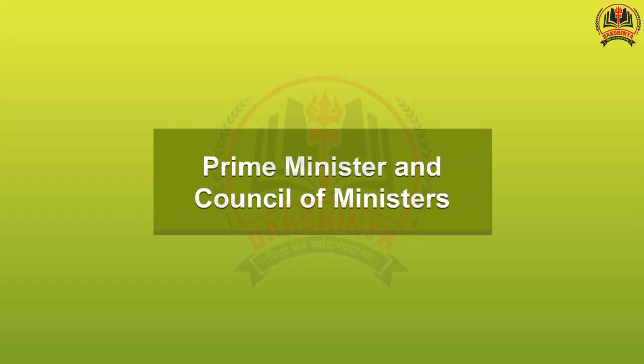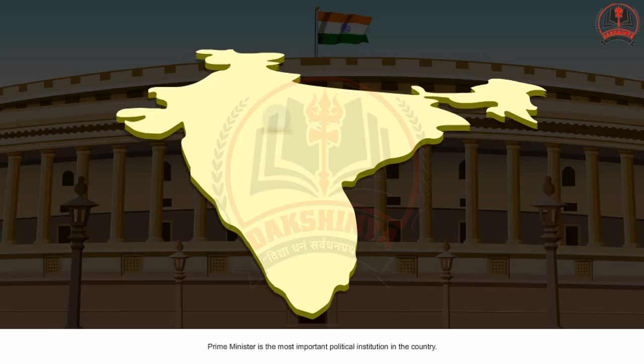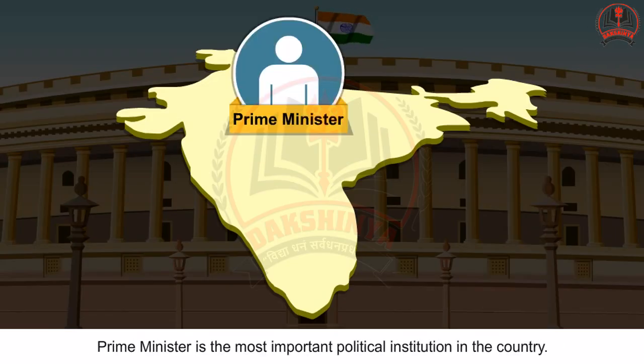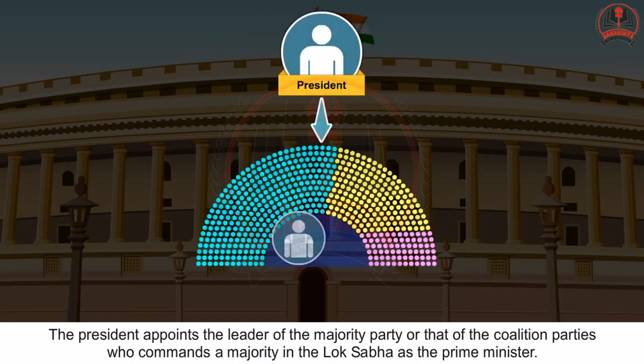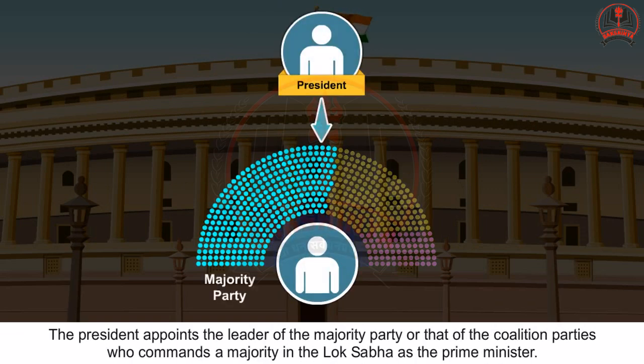Prime Minister and Council of Ministers. Prime Minister is the most important political institution in the country. The President appoints the leader of the majority party or that of the coalition parties who commands a majority in the Lok Sabha as the Prime Minister.